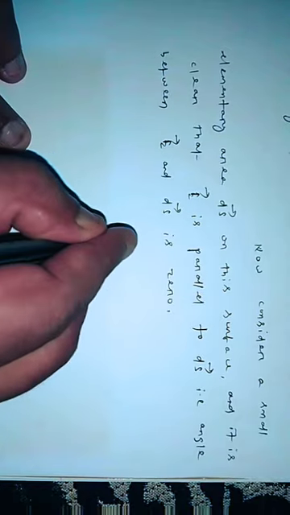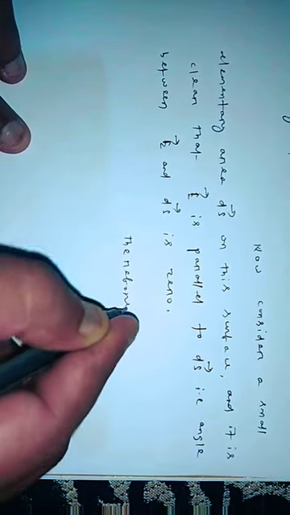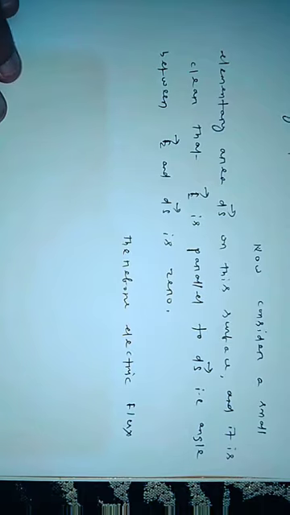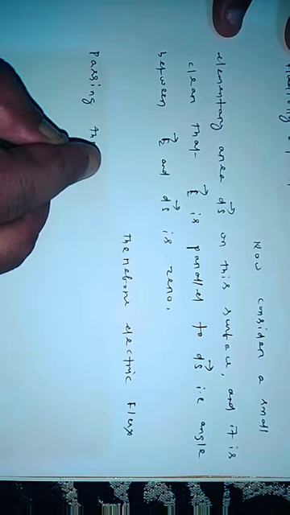Therefore, electric flux passing through the closed surface is given by phi E equal to integration of E dot ds.